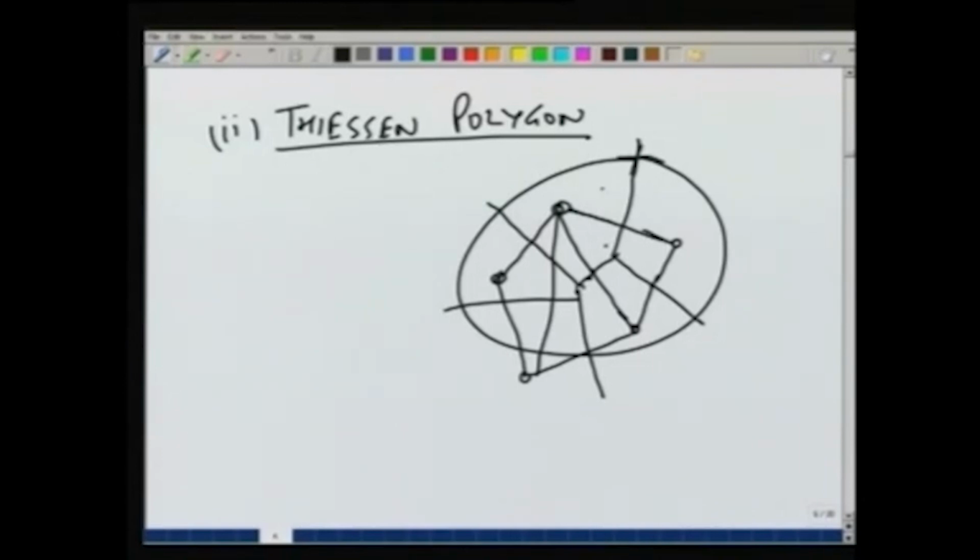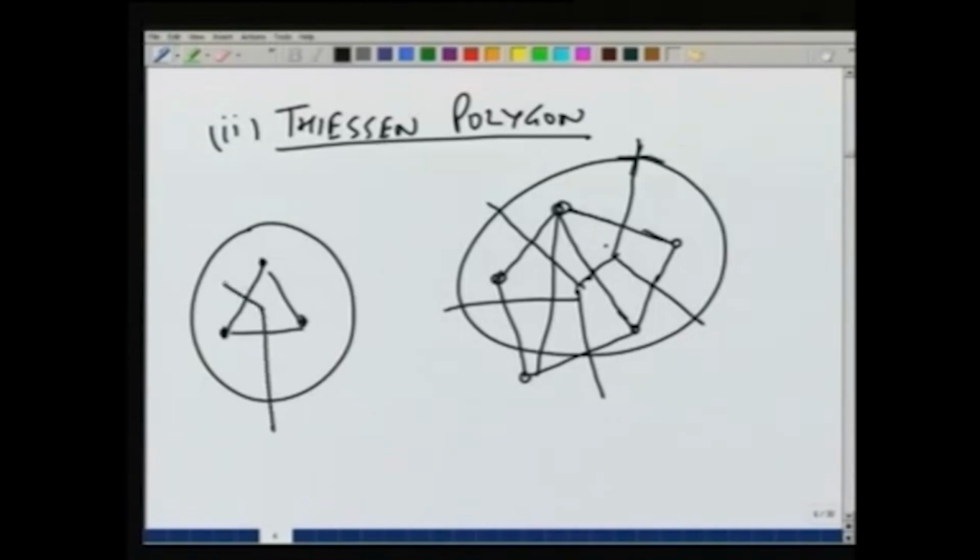For example, if we take the example of just 3 gauges, we can explain it. So, if there is a triangular network and we have these perpendicular bisectors, then this entire area, let us call this rain gauge 1, 2 and 3, then this entire area is closest to the rain gauge 1 compared to the other 2 gauges.